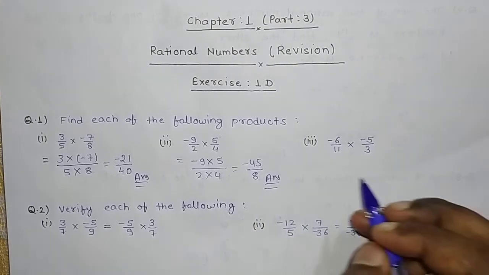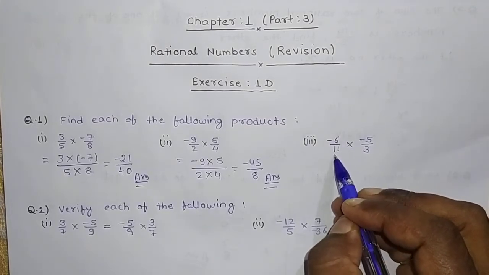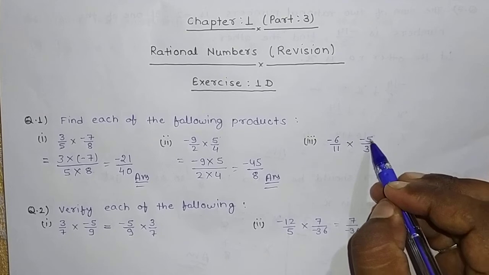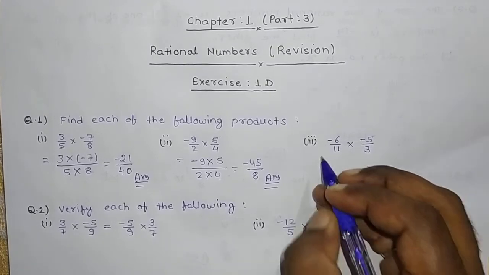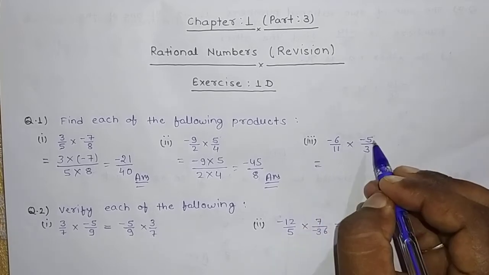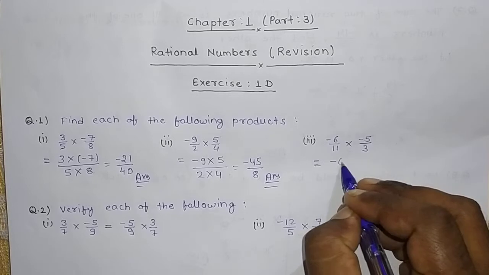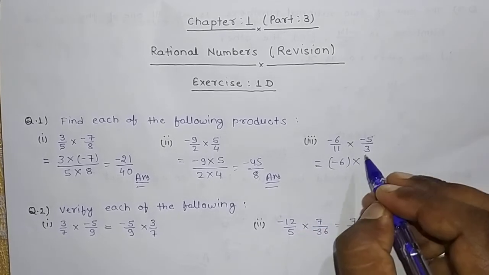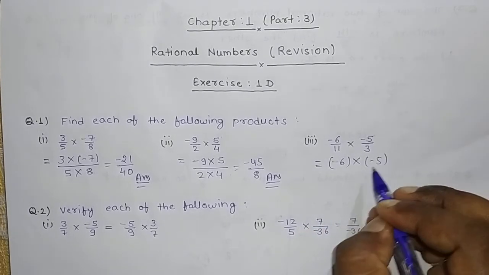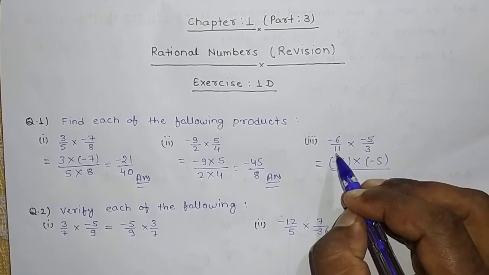Similarly, question number third. Here the two numbers given are minus 6 upon 11 and minus 5 upon 3. So again we have to multiply both the numerators with each other. So minus 6 multiplied by minus 5 divided by, here we have to multiply both the denominators.